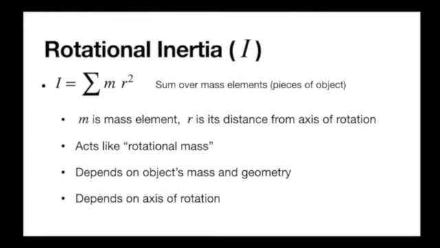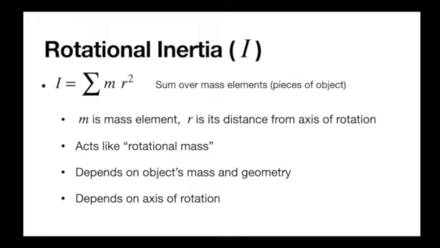How do we calculate this rotational inertia? The formula is this sum. That means you add up all the pieces, and you add up each piece's mass times its distance from your axis of rotation squared. So I is the sum of m r squared.